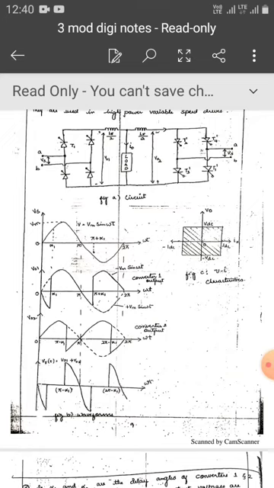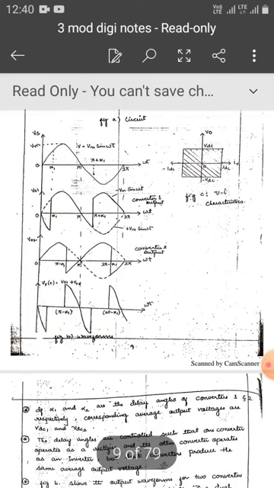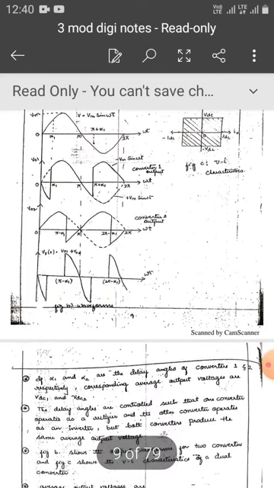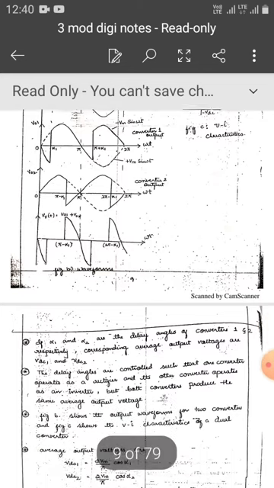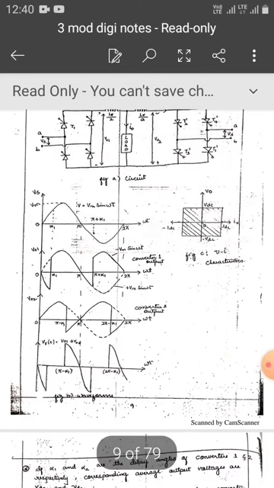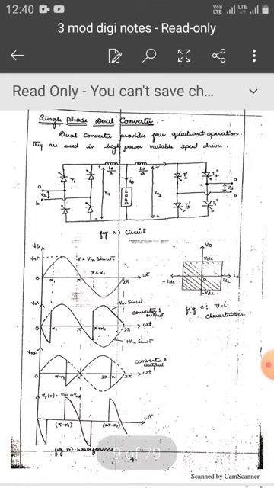For alpha greater than 90, the average output VO2 of the second converter is negative. The two outputs VO1 and VO2 appear across the load. The two converters operate on inductive load.